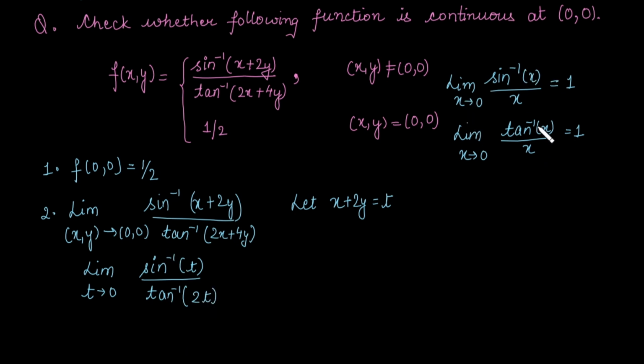Now we need to apply this result. For that we need a t variable in this case. So what we can do, we can write this as equal to limit as t approaches to 0, sine inverse t by t as well as multiply by t.